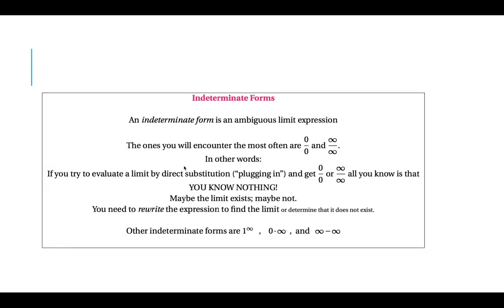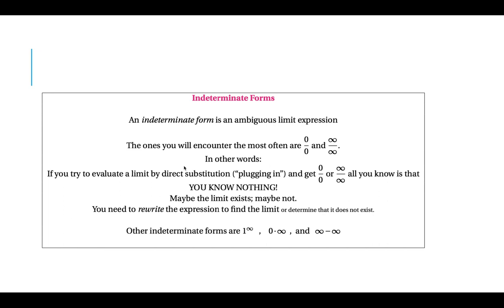All right, sometimes when we are working with functions and trying to find limits, remember, you can plug in values if you're given the function itself and see what it reduces to, for the value of x that we're approaching. But sometimes you're going to get what's called an indeterminate form, and it's ambiguous.